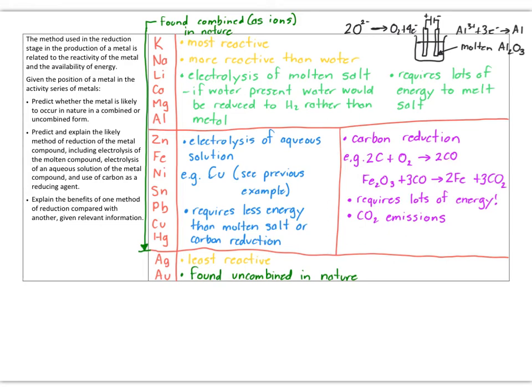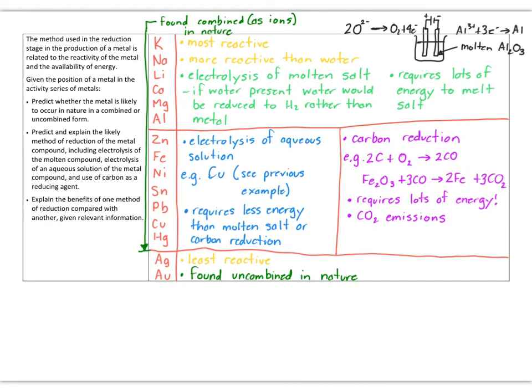This is what happens in a blast furnace at somewhere like Whyalla. You start by taking carbon in the form of coal or coking coal, and you react it with a limited supply of oxygen to form carbon monoxide. That carbon monoxide is then reacted at very high temperatures with the iron oxide, and we produce iron plus carbon dioxide.